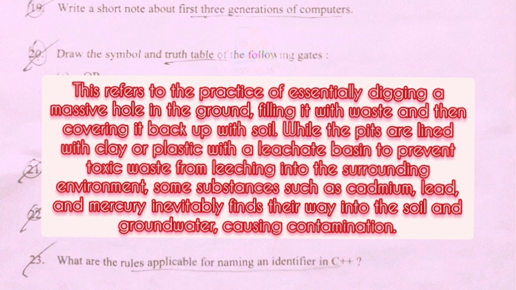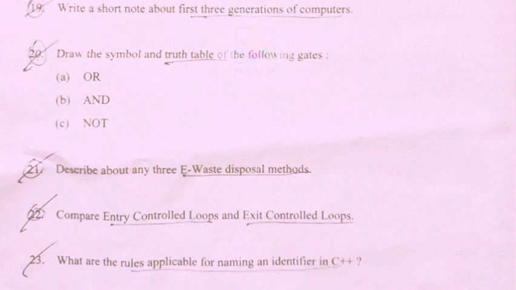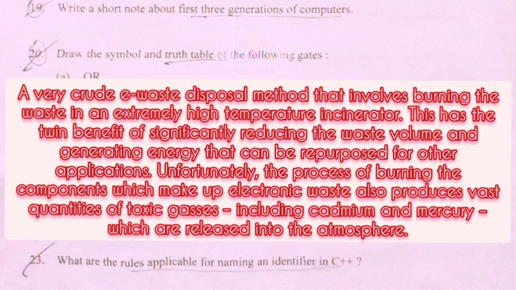While the pits are lined with clay or plastic with a leachate basin to prevent toxic waste from leaching into the surrounding environment, some substances such as cadmium, lead and mercury inevitably find their way into the soil and groundwater, causing contamination.